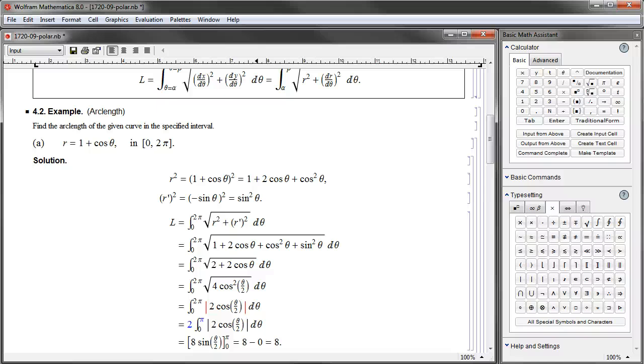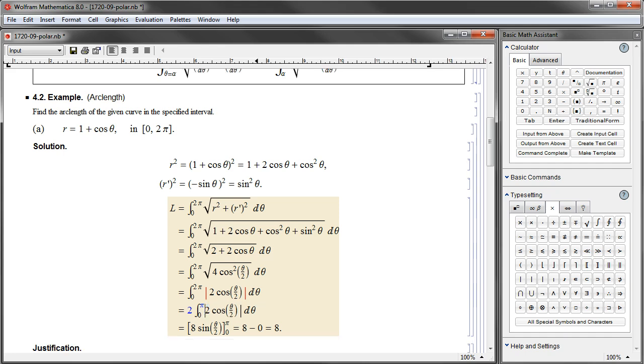This is what I did. Double and then just go from 0 to pi. And in the interval 0 to pi, cosine of theta over 2 is positive. So we can get rid of this absolute value sign, and now we are free to apply the fundamental theorem of calculus.